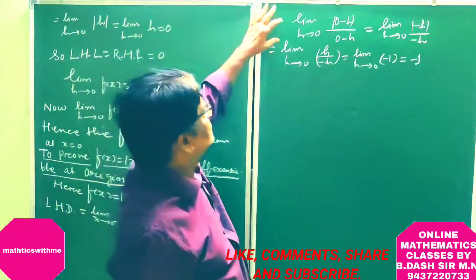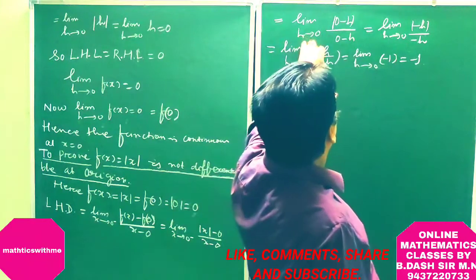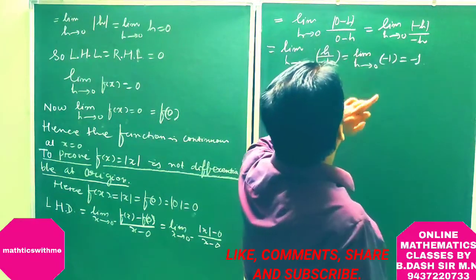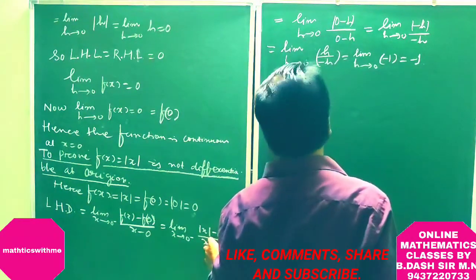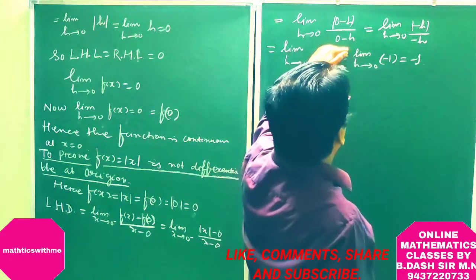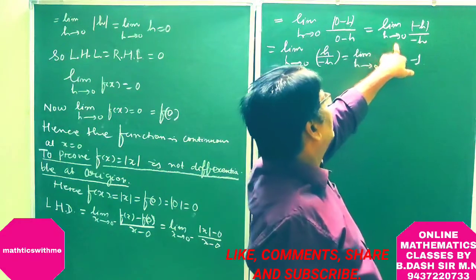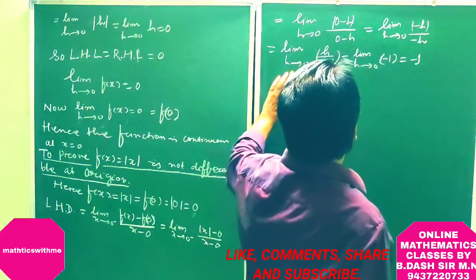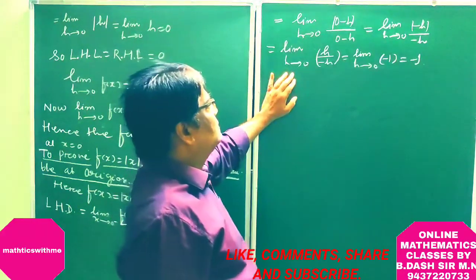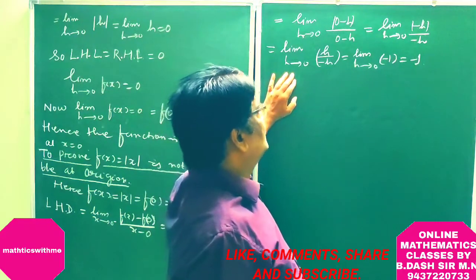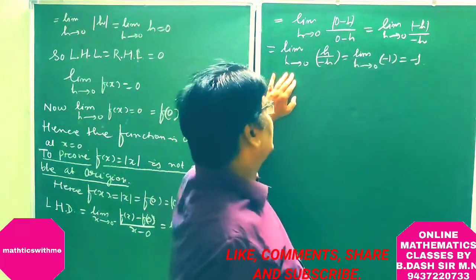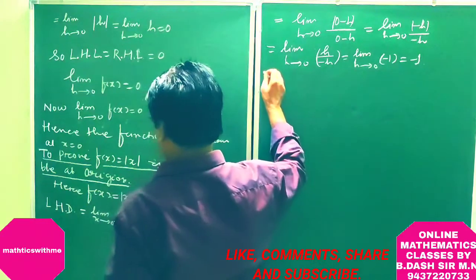So which is equals to limit h tending to 0 minus h mod by, x will be replaced by 0 minus h. That is limit h tending to 0 minus h mod by minus h, limit h tending to 0 h by minus h, which is limit h tending to 0 minus 1 is equal to minus 1.